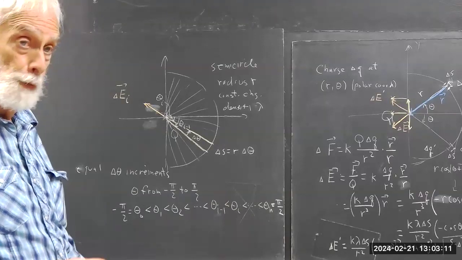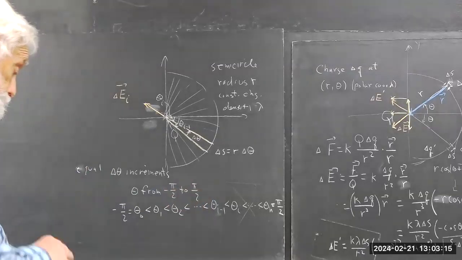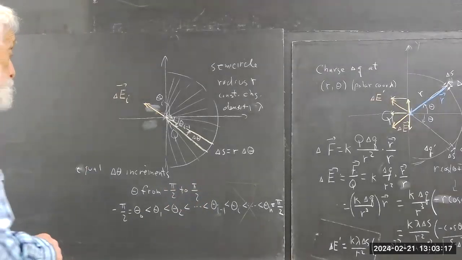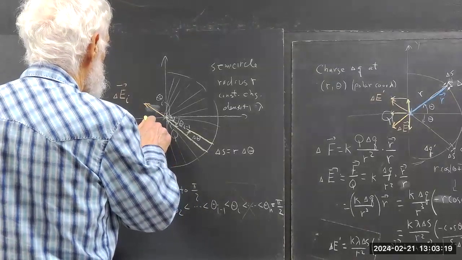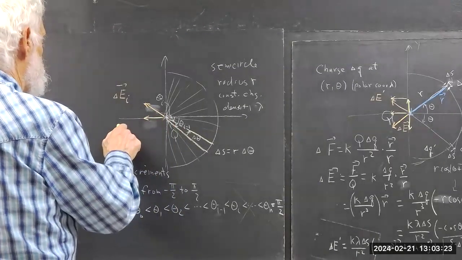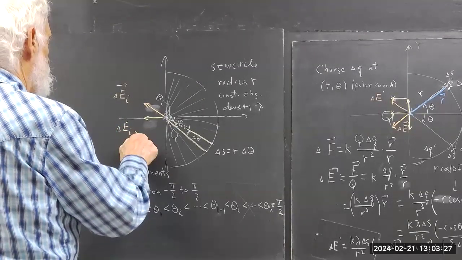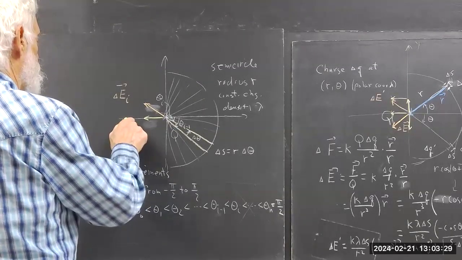So from that symmetry argument that we already made in one of the class discussions, we have the x component of delta E sub i.